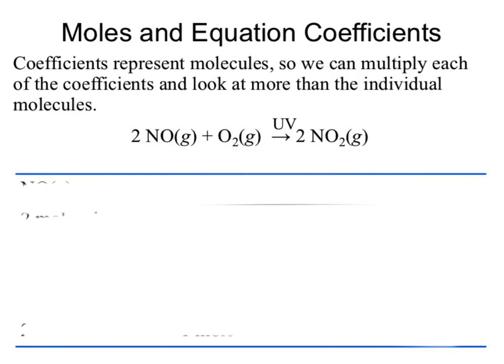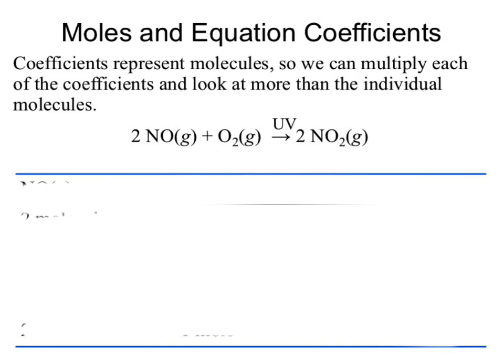What is the measurement in this case? Molecule. I'm saying 2 molecules of nitrogen oxide react with 1 molecule of oxygen to produce 2 molecules of nitrogen dioxide.